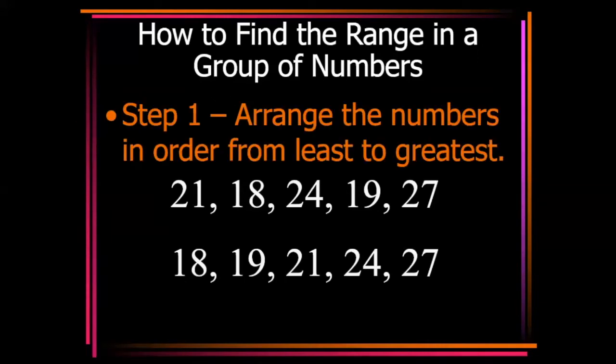We have 21, 18, 24, 19, and 27. To arrange these numbers in order from least to greatest, we'll get 18, 19, 21, 24, and 27.